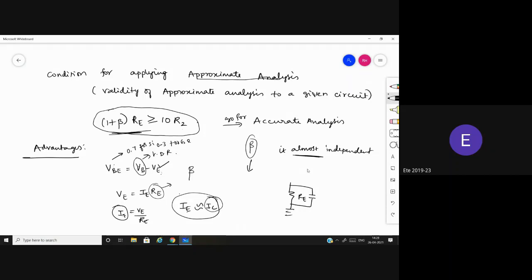So now, on that day we discussed the emitter resistance, and I told you that we will be using one capacitance. Can anyone tell me what is this capacitance name?